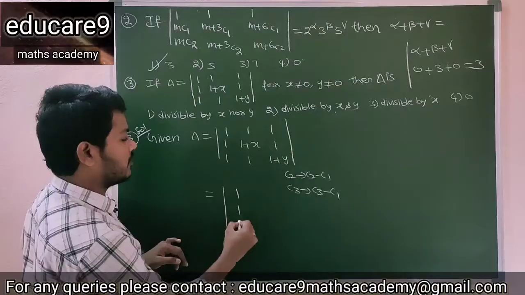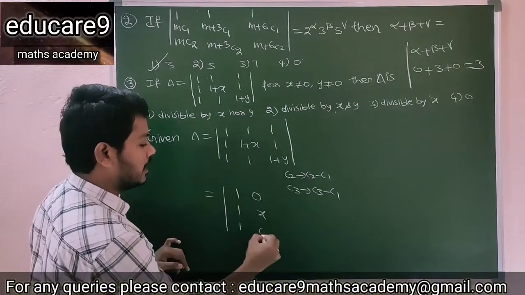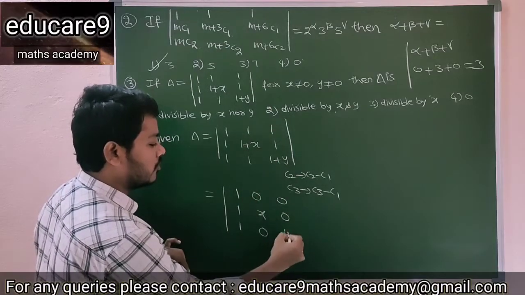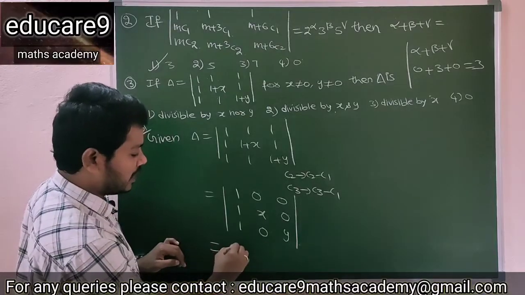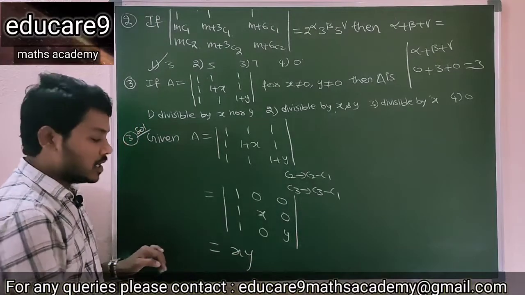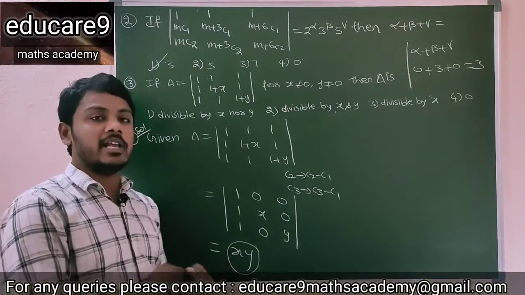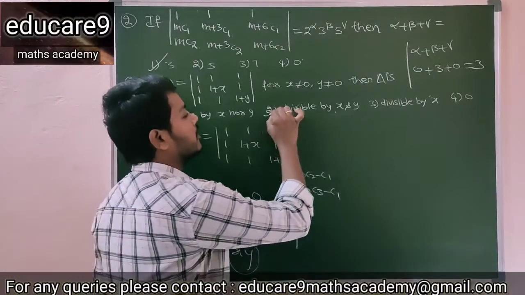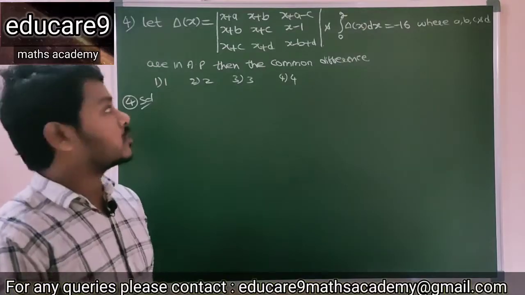This is 1, 1, 1, 1 minus 1, 0, 1 plus x minus 1, x and 0. Next here 0, 0, y. So now find this determinant. So what you get? xy. So clearly this xy is divisible by x as well as divisible by y. So clearly it is divisible by both x and y. So see the next one.